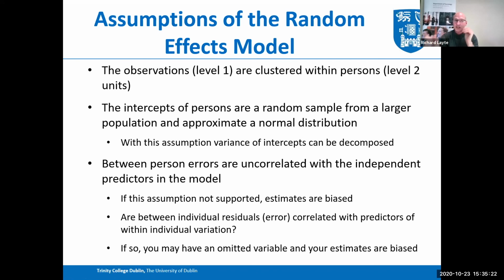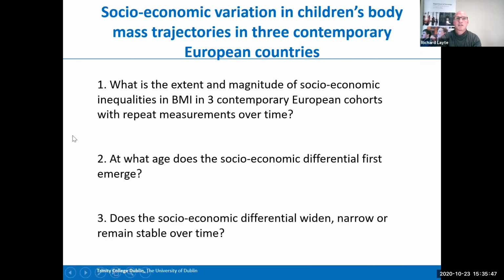And if this assumption isn't supported, then your estimates are going to be biased, all right? The question is, are the between-individual error residuals correlated with the predictors of within-individual variation? And if so, you've got an omitted variable in there somewhere and your estimates are biased. If you want to do tests for this, then you've got to specify things like a Hausman test, okay? And that'll give you a test of whether this assumption is warranted.